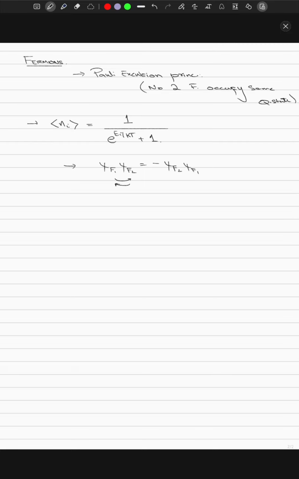If I talk about their spin, they have half-integer spin, which means the spin would be something like 1/2, 3/2, 5/2, and so on, right? So it will always be an odd multiple of 1/2.